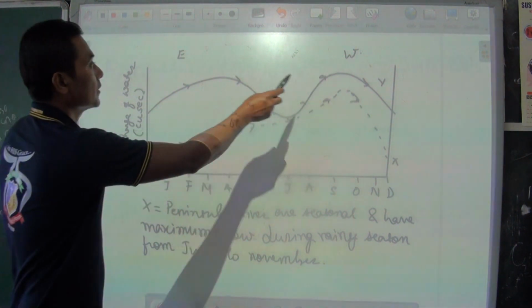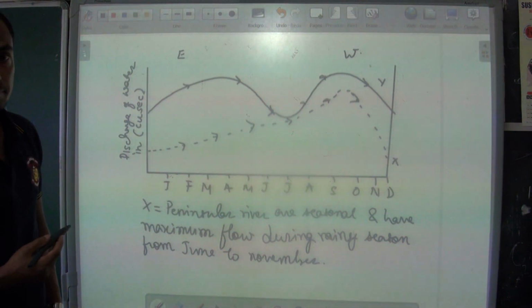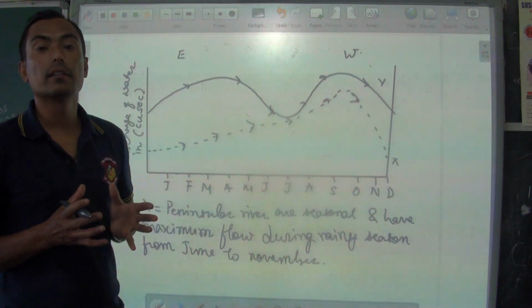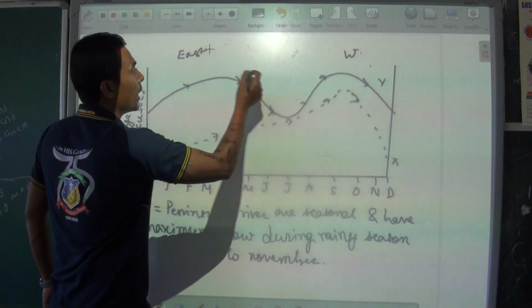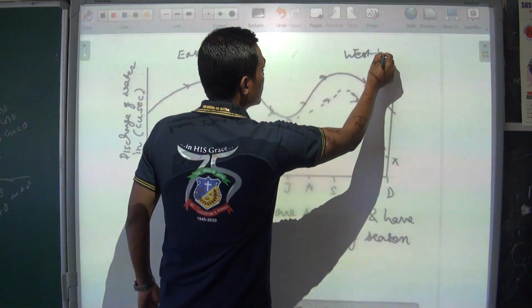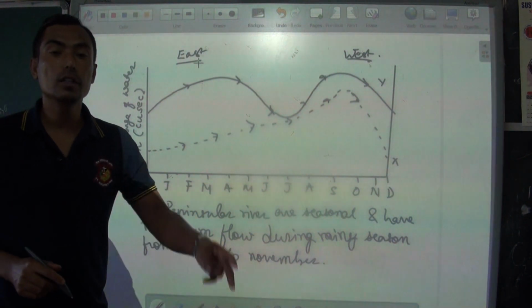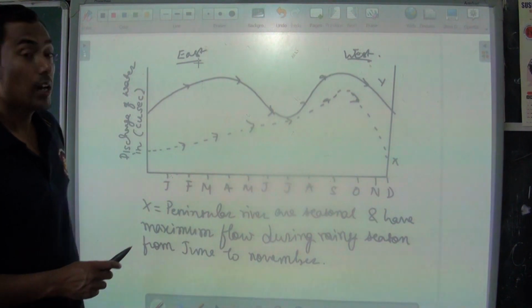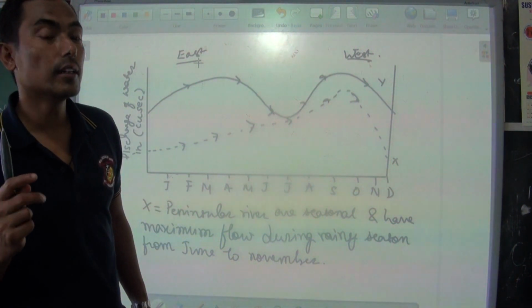Now, if you look at this graph, this graph is about the flow of the river. Clear? It means the flow, or the volume of water carried by the rivers. Now, this is east and this is west. In India, there are only 2 rivers which flow from east towards the west: the river Tapti and the river Narmada.